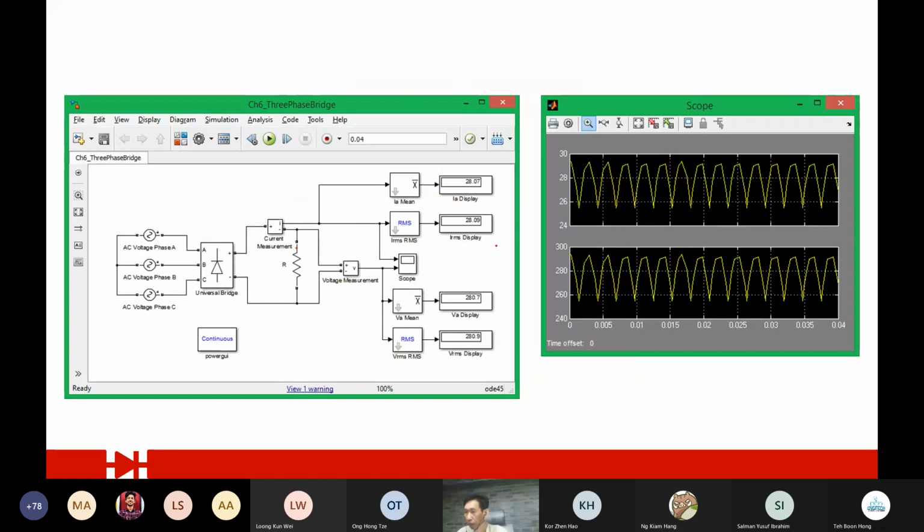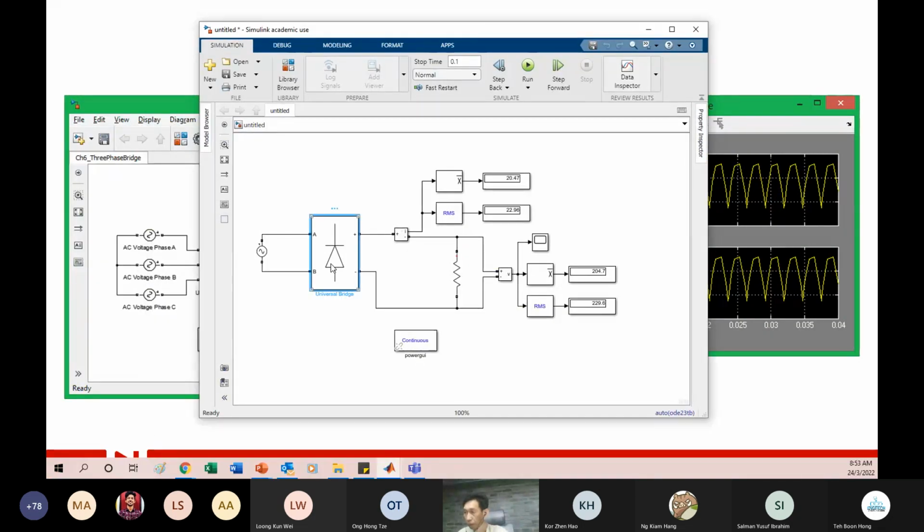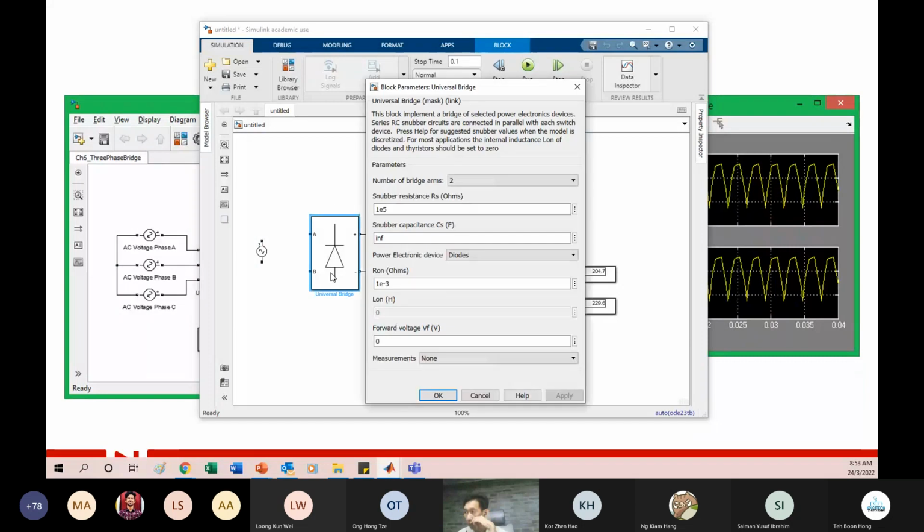And here is another example showing the three-phase input, and you can see that it is not touching the zero. So we can actually do that here again. Before that, I need to disconnect this first. From here you just add another arm: one arm, two arms, three arms. Apply, then you will have three.